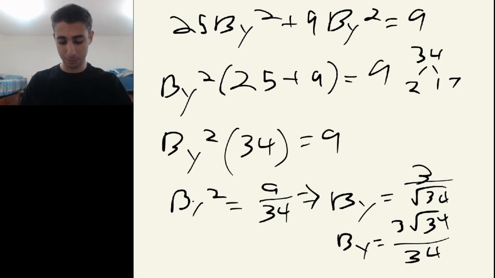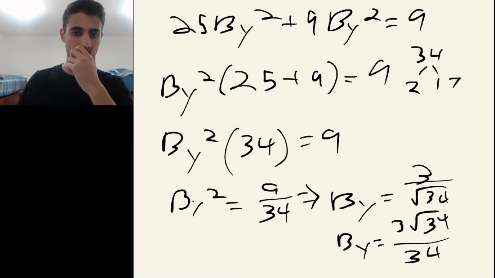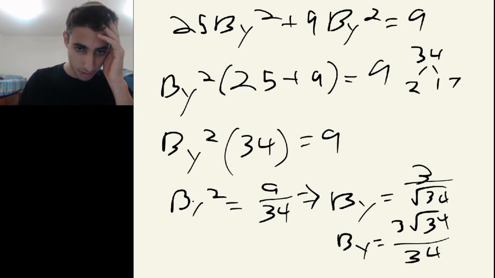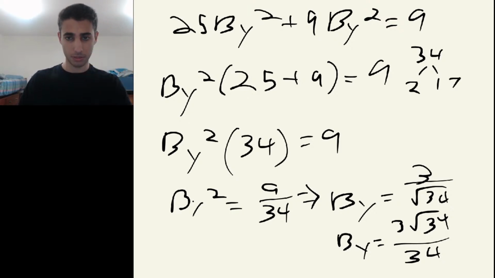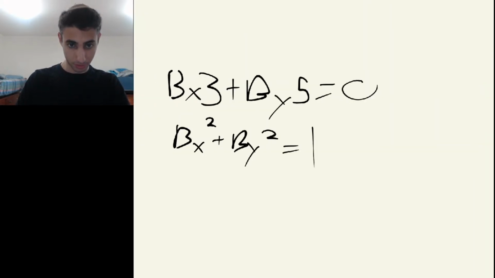So I'm going to make a system of equations. Okay, system of equations calculator. Equation 1 is going to be, let's say a, which is going to be bx, so 3a plus 5b equals 0.